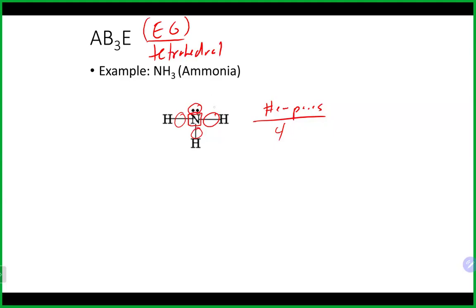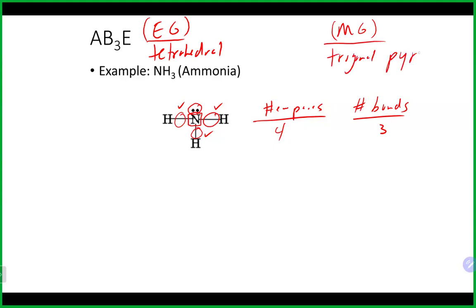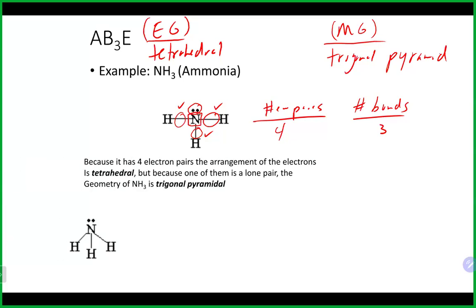Now, when we count our bonds, we have 1, 2, and 3 bonds. Something with 4 electron pairs and 3 bonds will have a molecular geometry name, or shape, that's known as trigonal pyramid. It's kind of the same idea here. We have these non-bonding electrons, which definitely want to be as far away from these guys as possible.